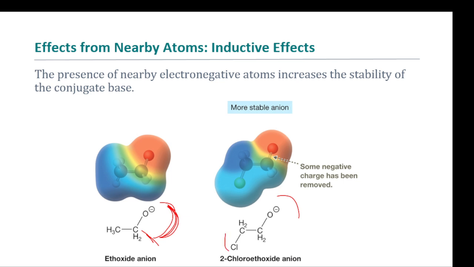And so what's going to happen is some of this electron density is going to get pulled through the bond series towards that chlorine. Think of them as little tiny wires, because that's ultimately kind of what they are, aren't they? And you can pull some of the electron density through that series of bonds.